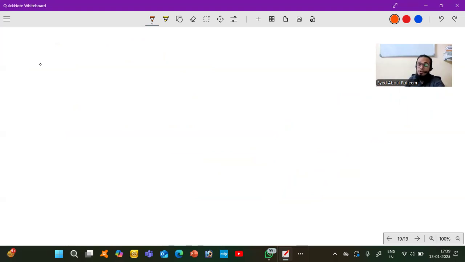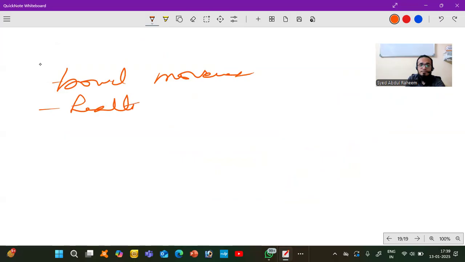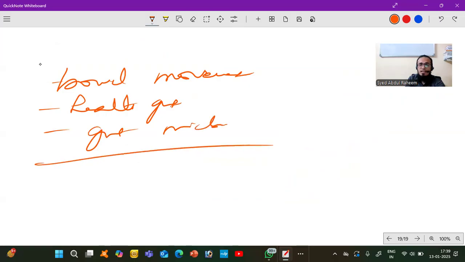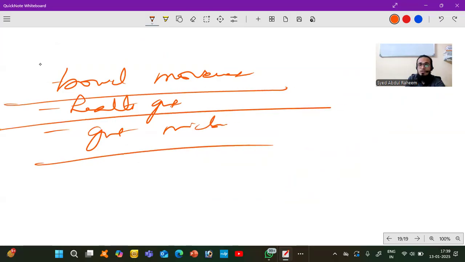You have to add it into your diet, and it will regulate your bowel movement, improve a healthy gut and gut microbiome. All these are very important.